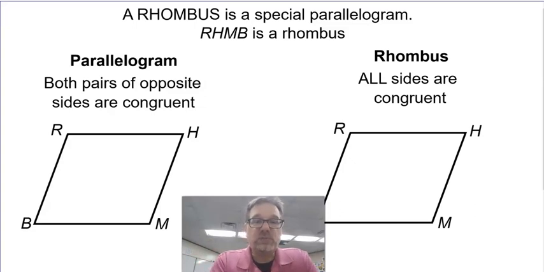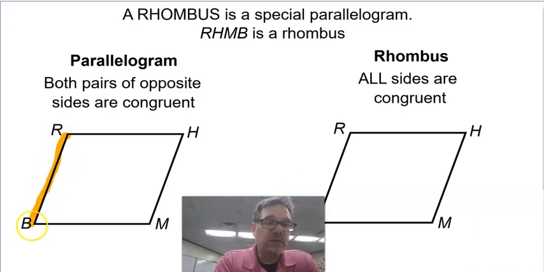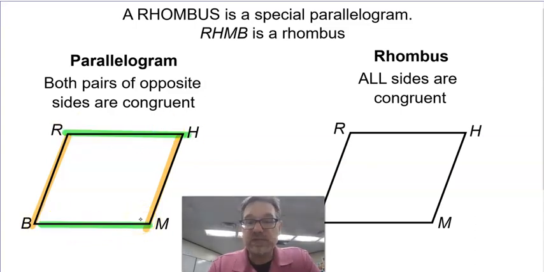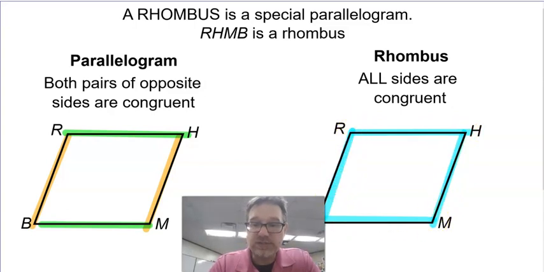In a parallelogram, both pairs of opposite sides are congruent. I know left and right are the same, and top and bottom are the same. That's true for a rhombus, but a rhombus says all four sides are the same.